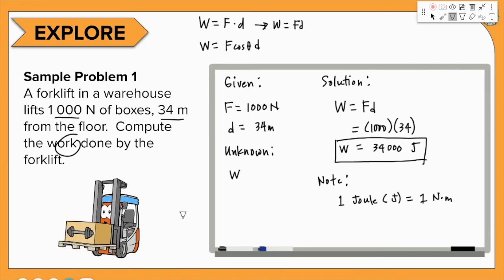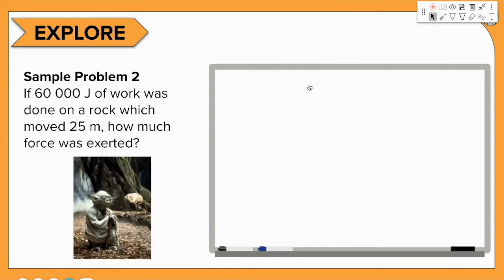All right, let's now go to sample problem number 2. If 60,000 joules of work was done on a rock which moved 25 meters, how much force was exerted?